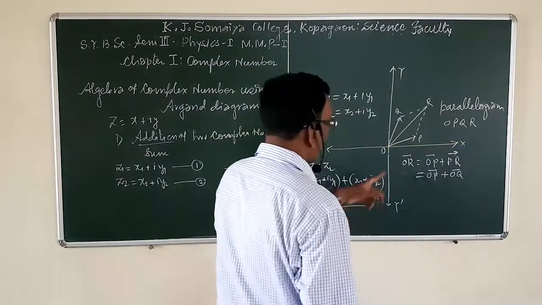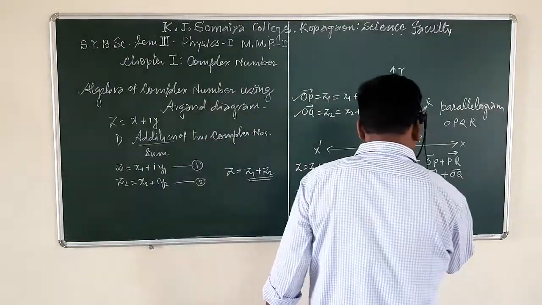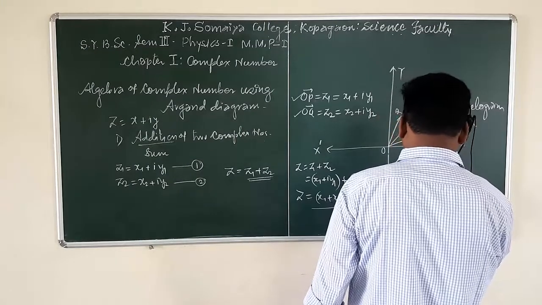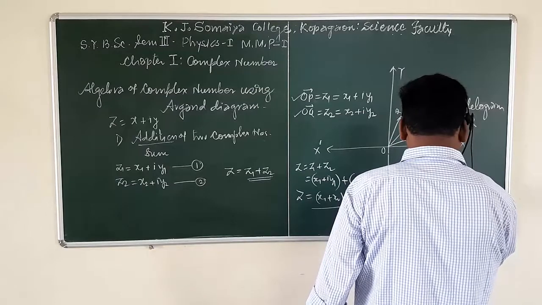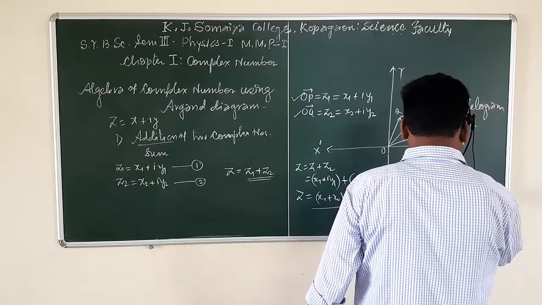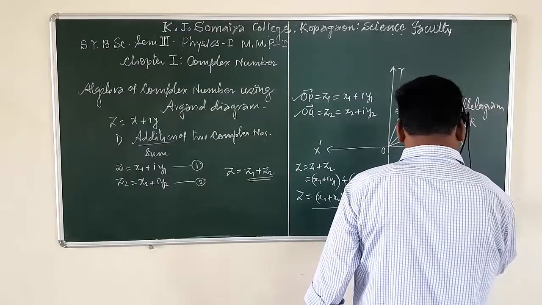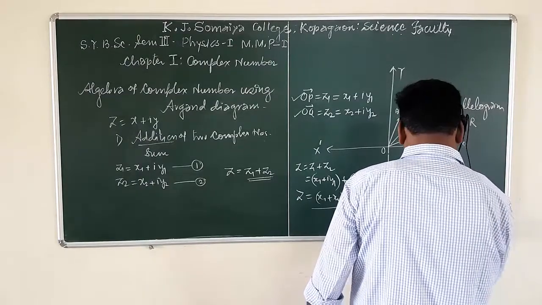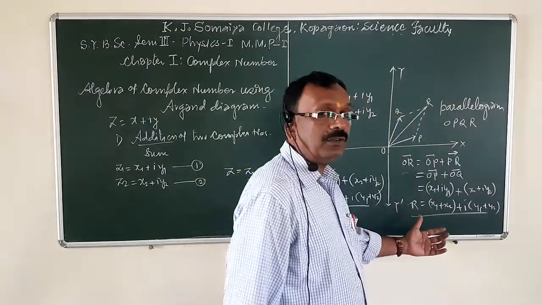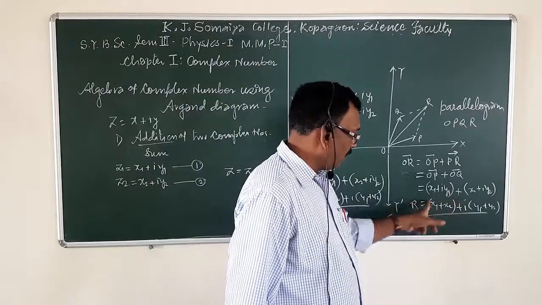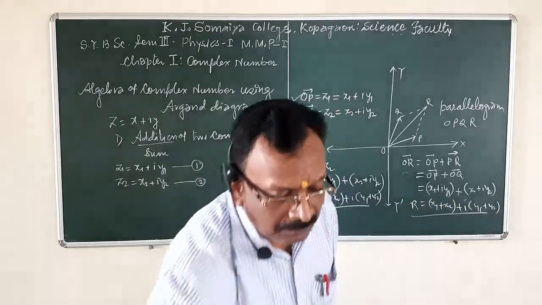Now substitute the values of OP and OQ, that is the values of Z1 and Z2, we get x1 plus iy1 plus x2 plus iy2, or x1 plus x2 plus i times y1 plus y2. Remember that this is also a complex number whose real part is x1 plus x2 and imaginary part is y1 plus y2. Okay.